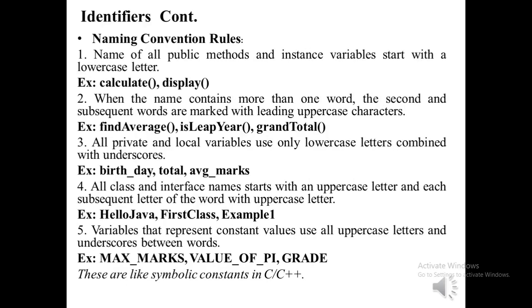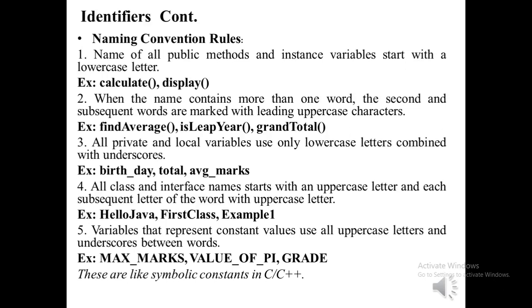Similarly, some naming conventions are also given while defining identifiers. The first convention is that the names of all public methods and instance variables start with a lowercase letter. For example, calculate, display. Next, when the name contains more than one word, the second and subsequent words are marked with a leading uppercase character.